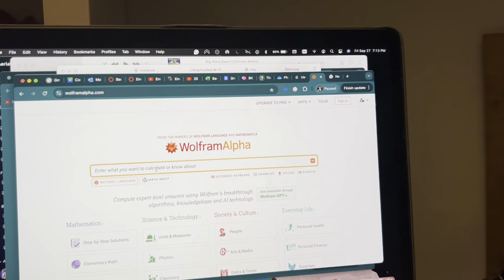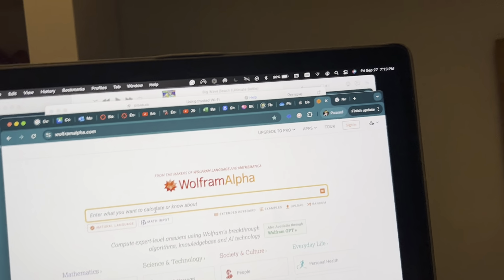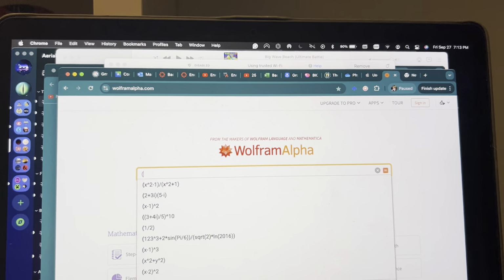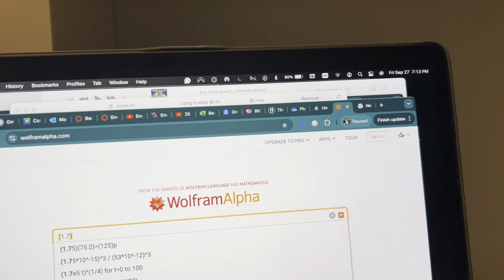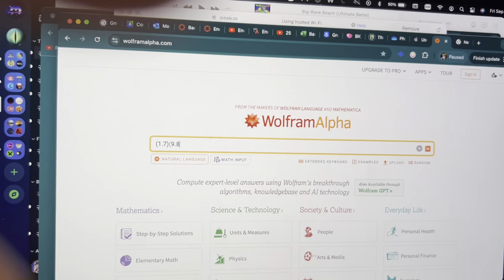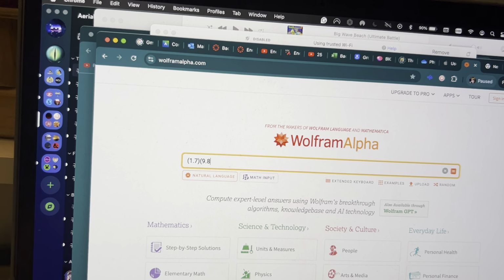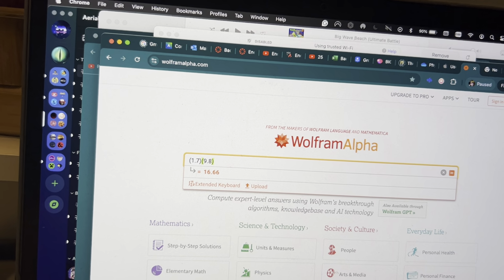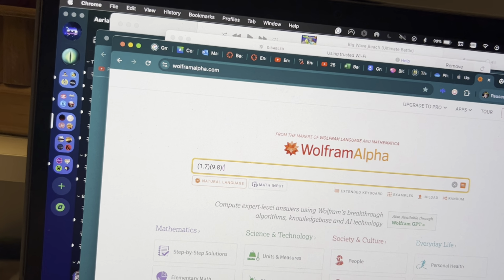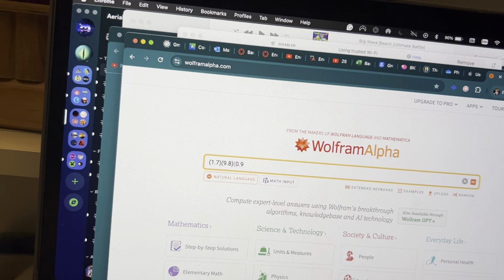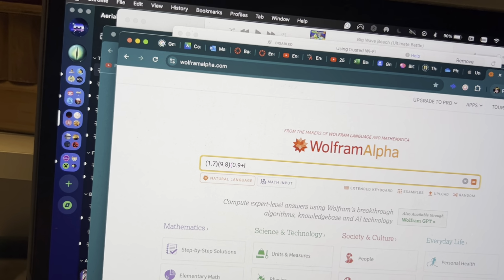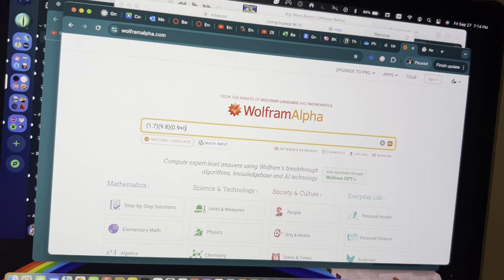So we now have 1.7 times 9.8 times (0.9 plus L), and yes, Wolfram Alpha does not care what you use for the variable.